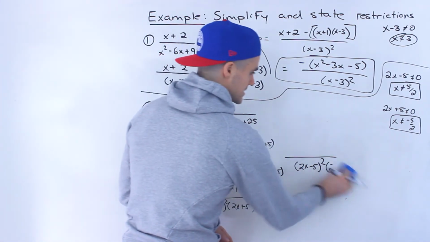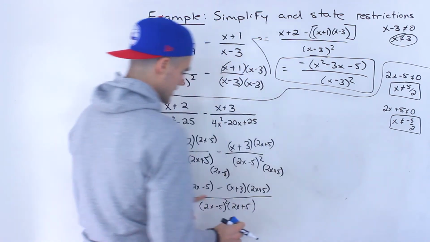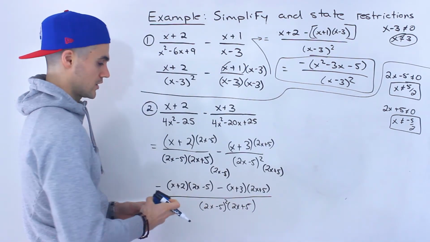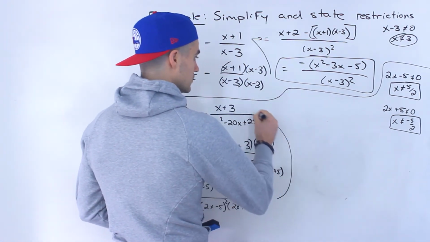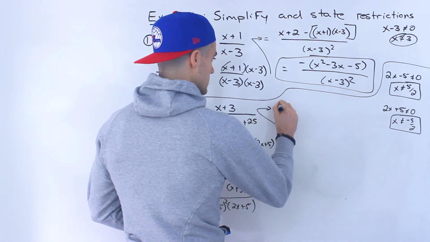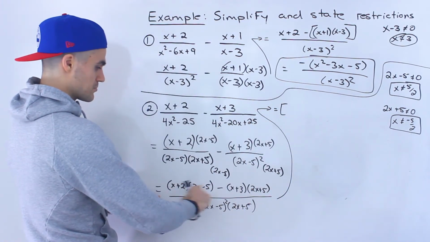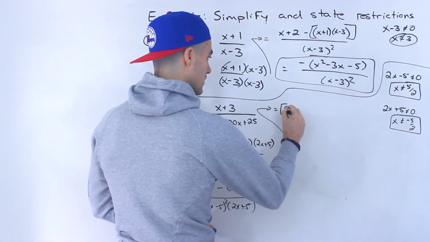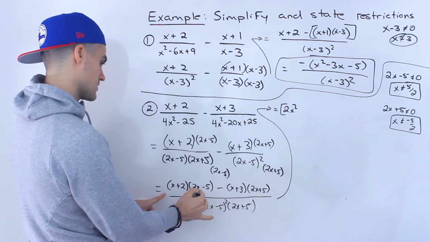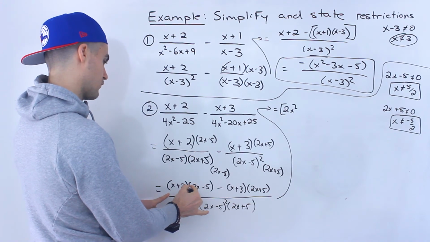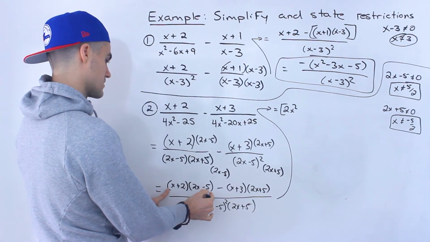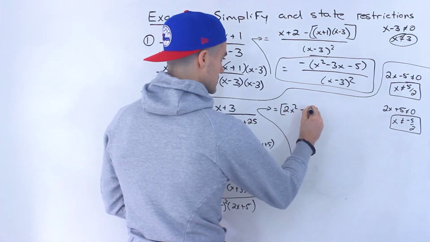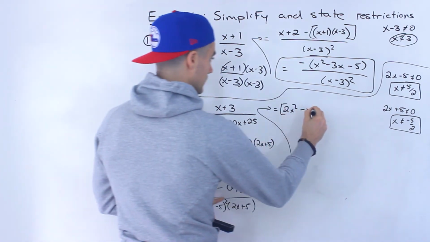And now we just have to simplify this numerator over here. So what we would do is we would FOIL out this bracket. So if we FOIL this out, we would end up with 2x squared. What's that middle term going to be? It's going to be 4x minus 5x. So it's going to be negative x. And then we're going to have negative 10.